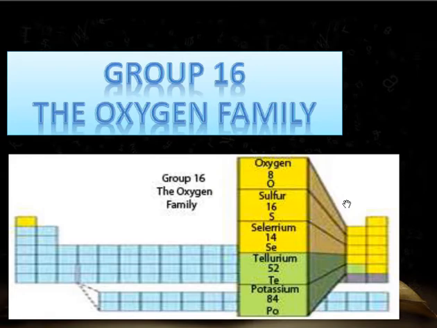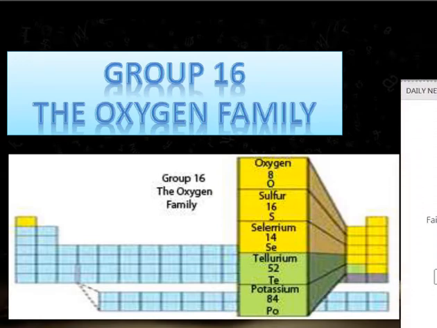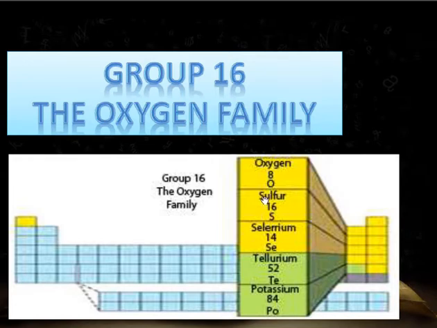Now I'm going to discuss the topic group 16, the oxygen family. As you know, in the group 16 oxygen family, there are several elements: oxygen, sulfur, selenium, tellurium, and polonium. Oxygen has atomic number 8, sulfur 16, selenium 34, tellurium 52, and polonium 84.